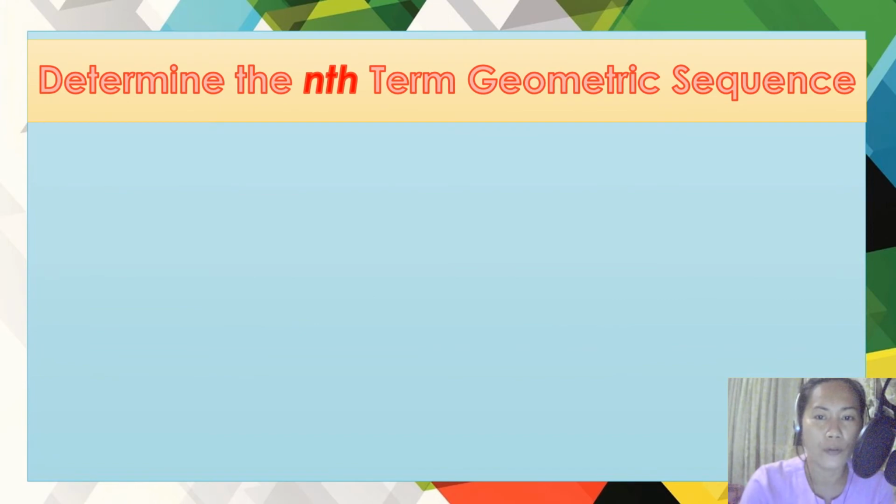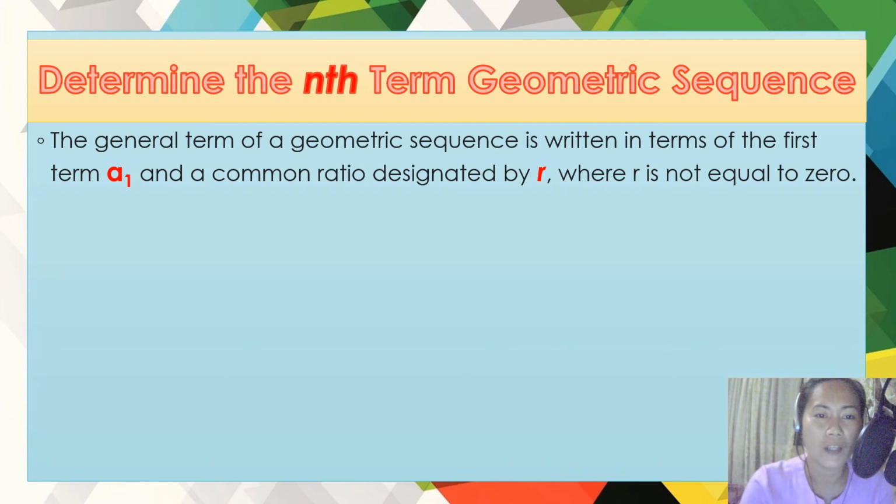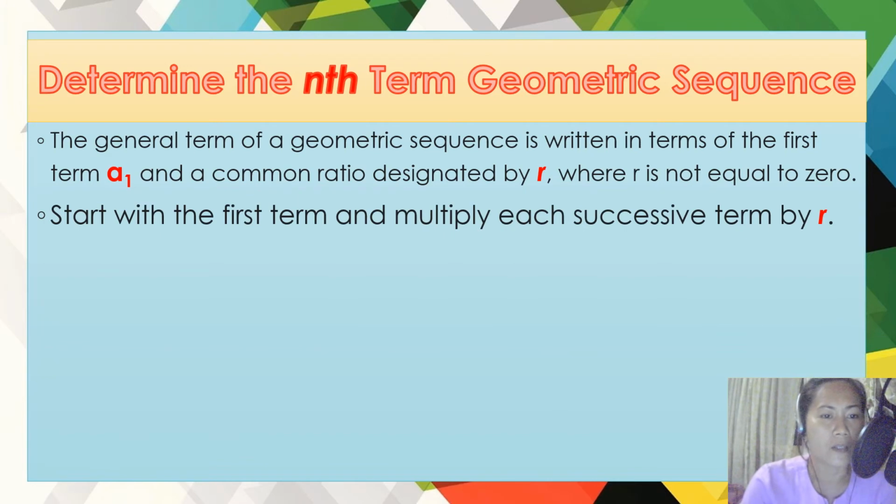Determine the nth term of a geometric sequence. The general term of a geometric sequence is written in terms of the first term, a sub 1, and a common ratio designated by r, where r is not equal to 0. Start with the first term and multiply each successive term by r.